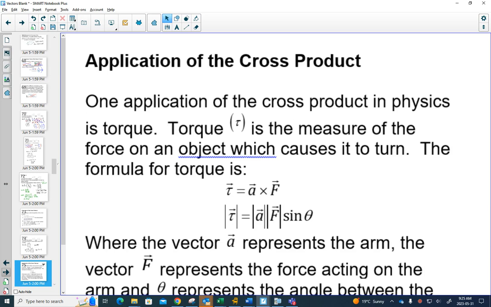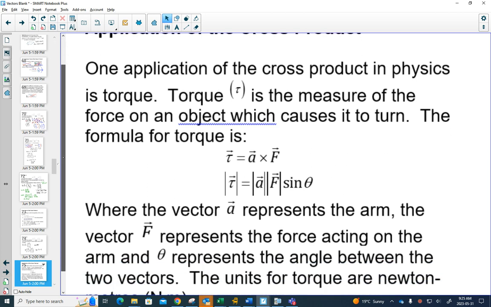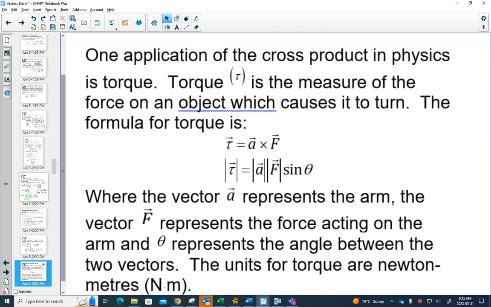So you might have learned a torque formula if you took physics, but now you can use an application of this, where you have one vector A, which is whatever length of the arm. So if you have a wrench that's 10 centimeters long, that is your vector A. Your vector F is your force vector that you're applying, and you would apply that force at a certain angle.